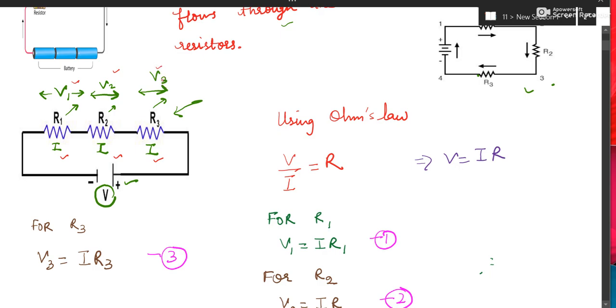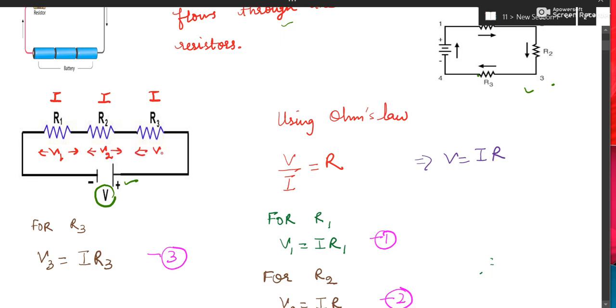If you wish, we can label it once again because this is important and basic. So R1, R2, R3 are in series, so what will remain the same is your I. Please write I on each. The same current is flowing through, but the potential difference will be different. Across the second it is V2, across the third it is V3.